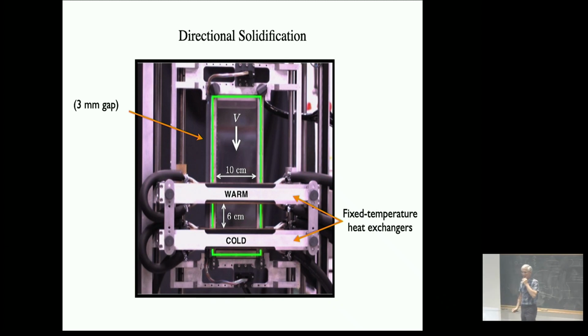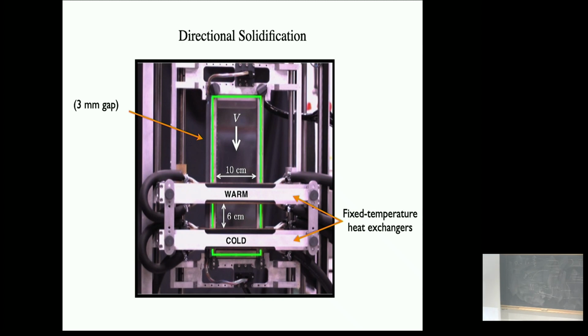It's also vertical rather than horizontal. So here it is, but it's the same principle. We have two heat exchangers. One's kept warm, the other's kept cold. We have a cell that can translate past the heat exchangers.